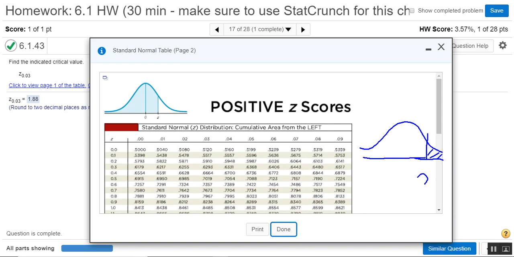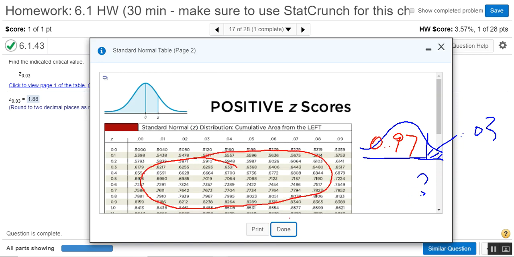We want to find a value so that the area to the right is 0.03, which means the area to the left is 0.97, 1 minus 0.03. So this table says the table entries are the cumulative area from the left. Here I do know the cumulative area from the left is 0.97.